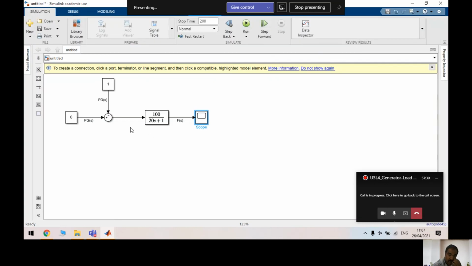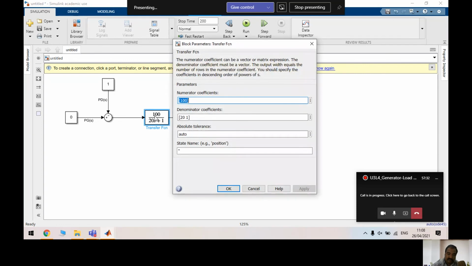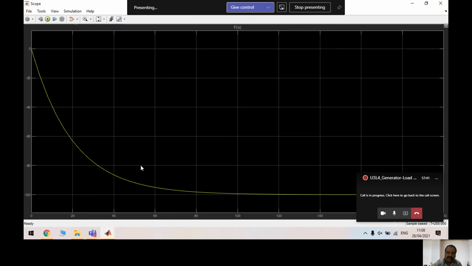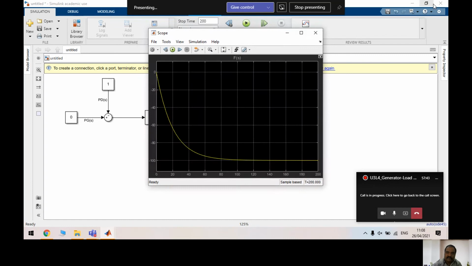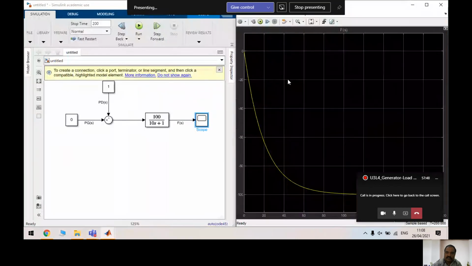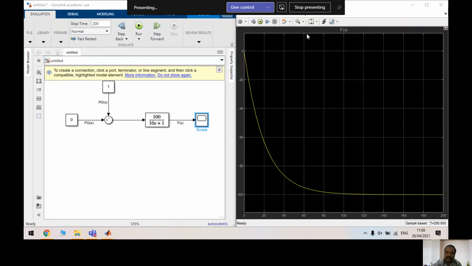Now, what is the significance of time constant? I will show you again. See, if I reduce the time constant, let us suppose I take it as 10, what happens? Now my signal was settling down at 100 seconds, right? I have just changed it to 10.